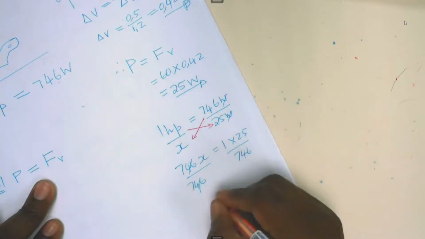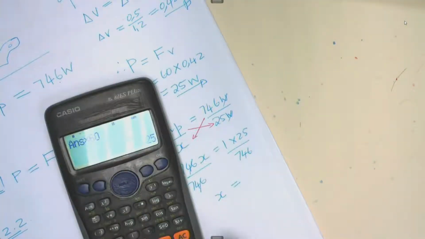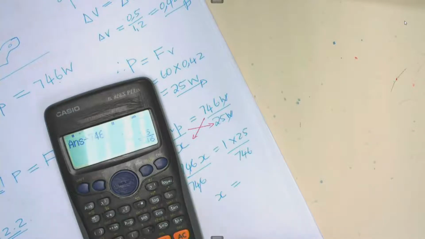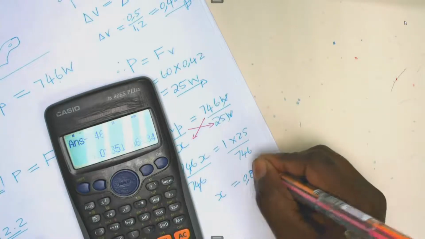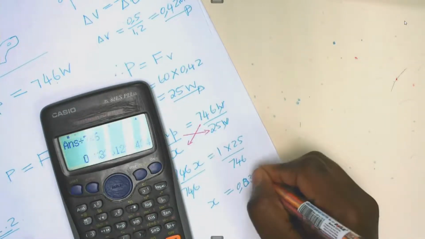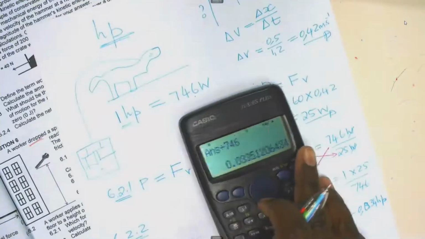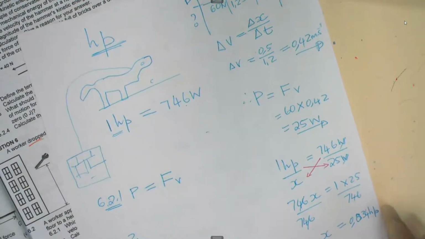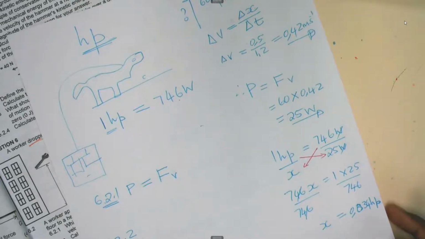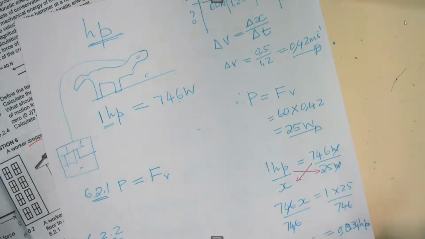This and this give you 1, so you have X. And therefore, that means you have 25 divided by 746, which gives us 0.034 horsepower. That means you've got, hey, the size of the horse is so small. It's not even 1 horse, ne? 0.034 horsepower. So the size of the power that you have is that of a very small horse, let's say.